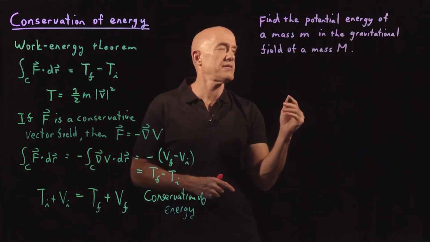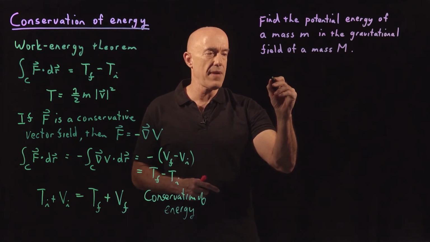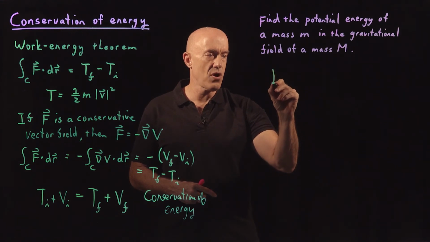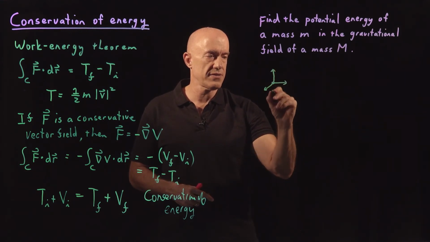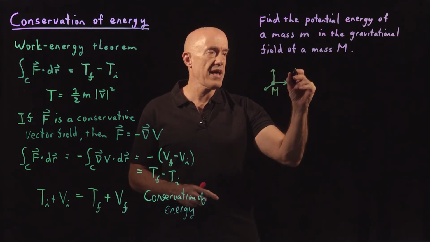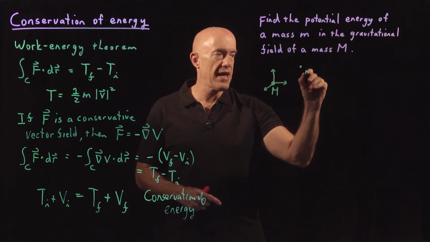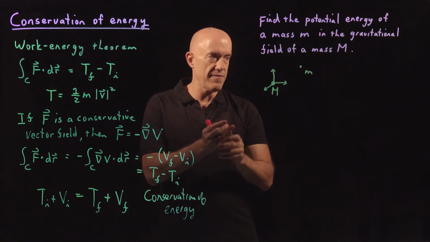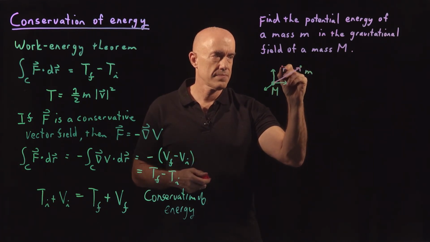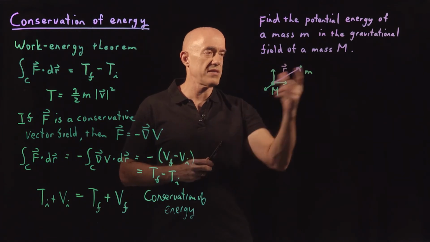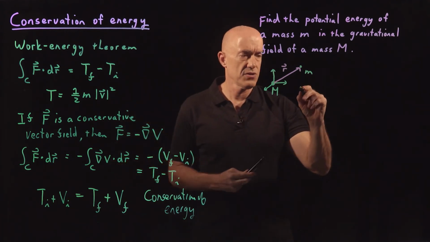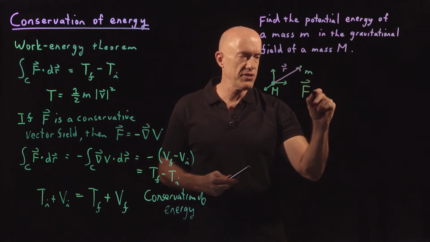Okay, so how do we set this up? So we have a mass big M. We'll put that at the origin of our coordinate system. So this will be our mass big M. And then we have a mass little m, we have a vector r from big M to little m, right? And then what is the force on little m due to big M? So the force is the gravitational force.